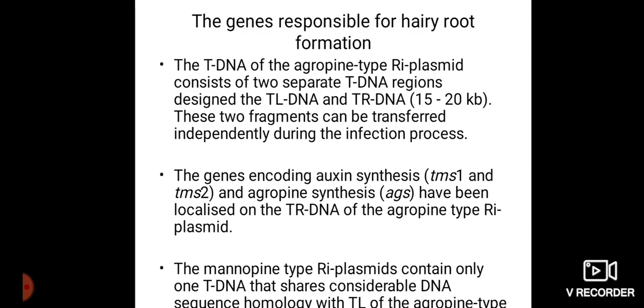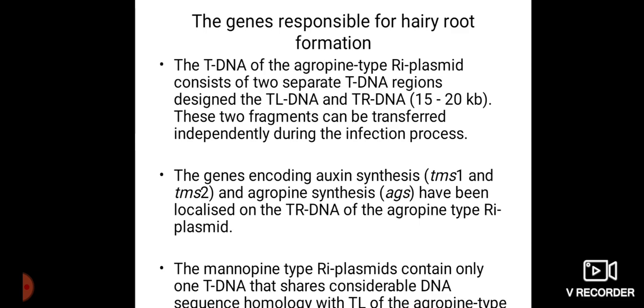The genes responsible for hairy root formation were found to be present within the T-DNA, meaning they are present in the plasmid. The T-DNA of the agropine type Ri plasmid consists of two separate T-DNA regions designated TL and TR, about 15 to 20 kilobase pairs, and these two fragments can be transferred independently during infection.